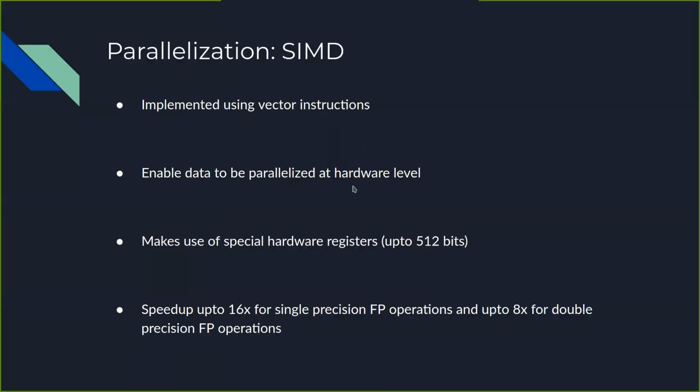So you can have speedup of up to 16x for single precision floating point operations and up to 8x for double precision floating point operations using SIMD instructions.